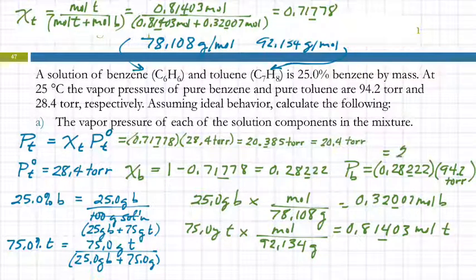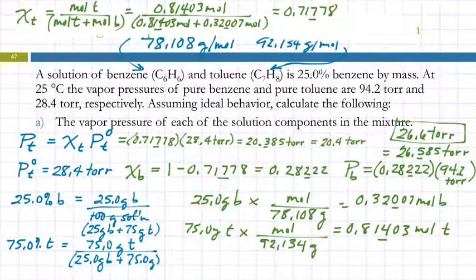So that equals 26.585 torr, 26.6 torr. That's for the benzene, and this is for the toluene. Any questions?